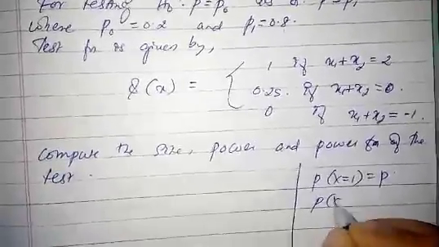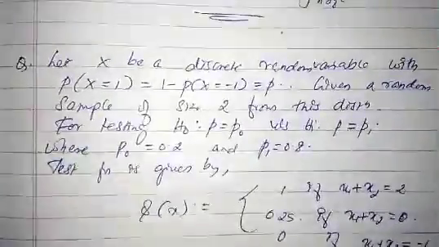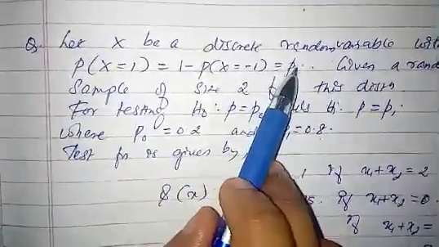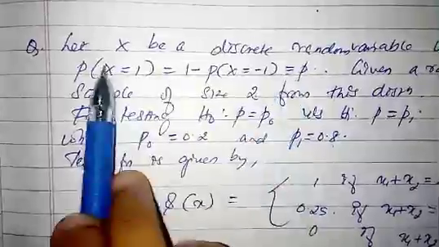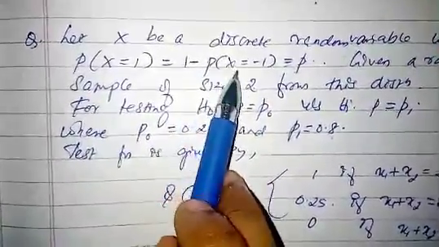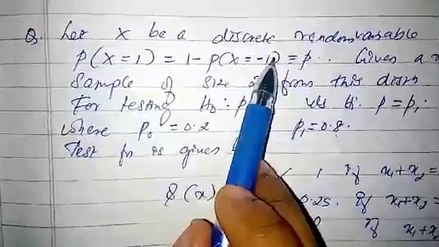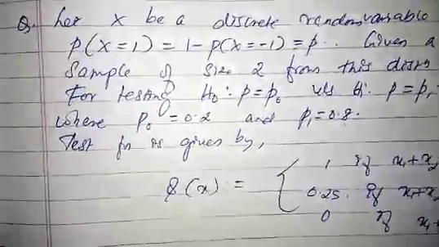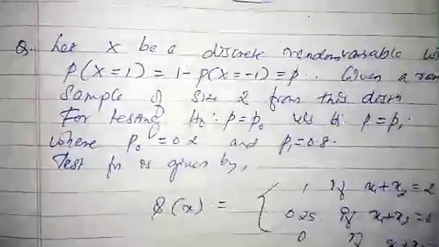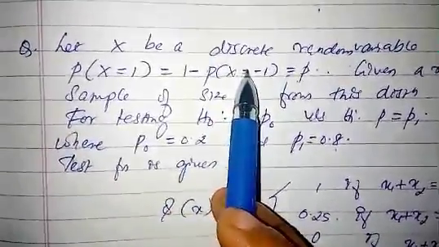Then what is the probability of X equal to minus 1?